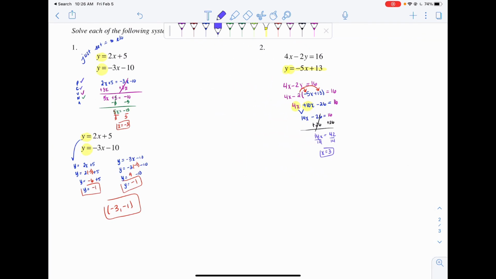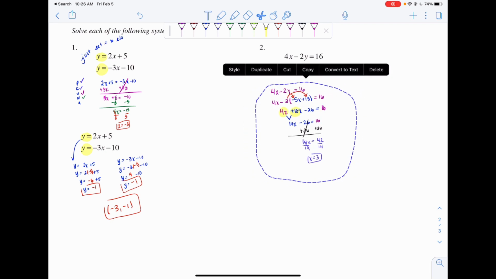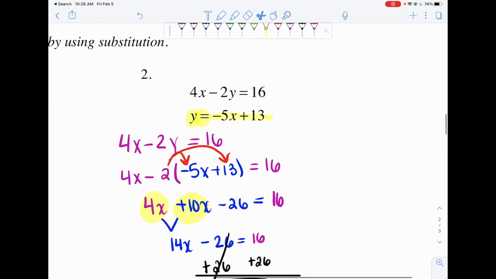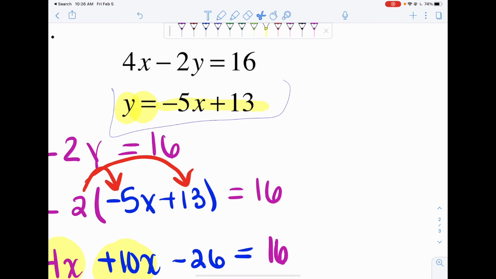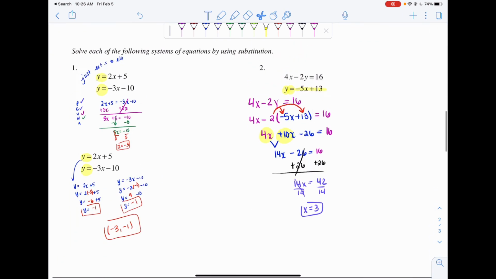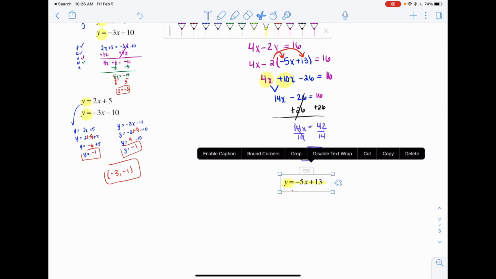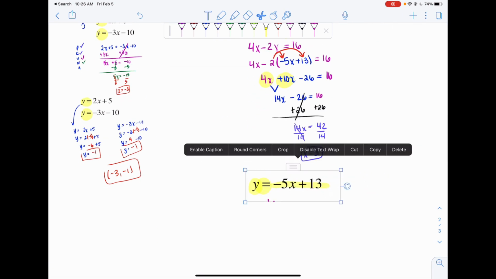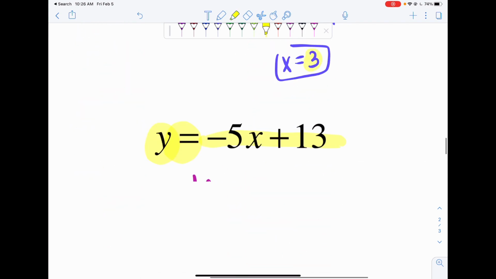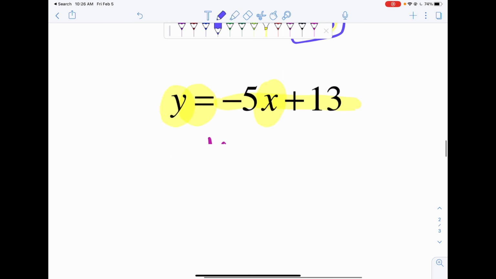Now that I have my x value, I want to find my y value. So I'm going to pick my favorite equation. And my favorite equation is the one that's the less busy one. So I actually like this one, my -5x plus 13. Because y is on one side, -5x plus 13 is on the other. So everywhere I see an x, I'm going to plug in a 3. So I have y equals -5x plus 13.